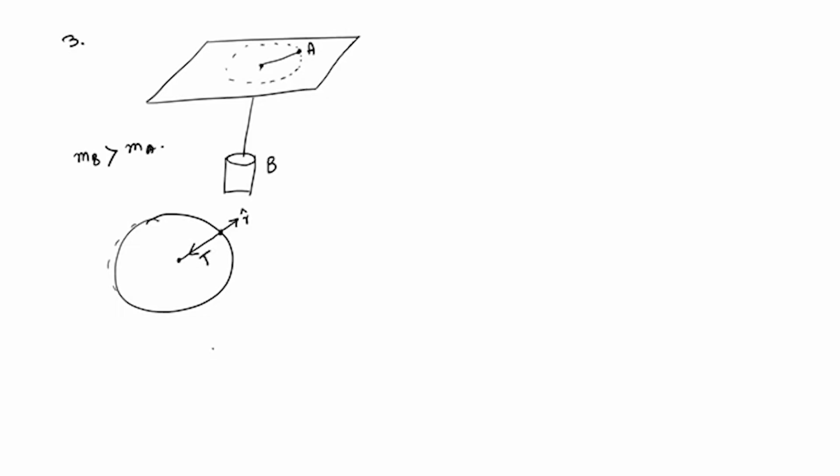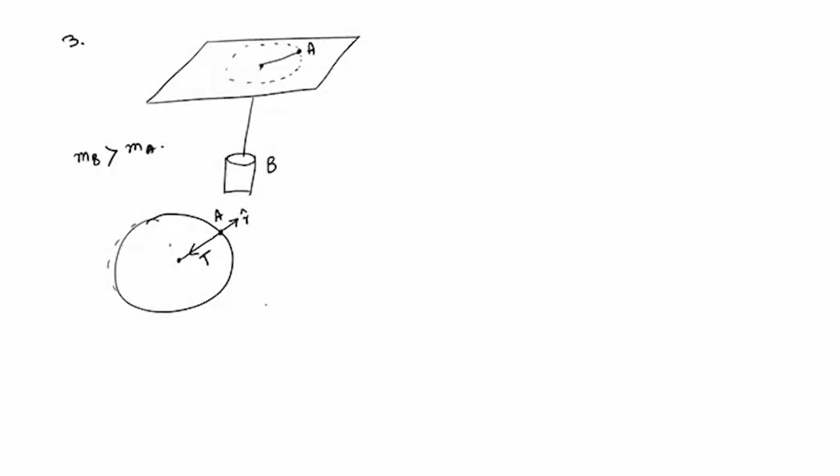So, there is a tension, and this tension is supported by the radial acceleration, because that is why it is executing the motion along the circular plane. And what about B? B is simple. So, this is B, and there is a T there, and then there is an m_B g there.